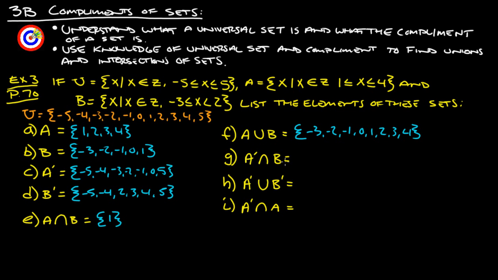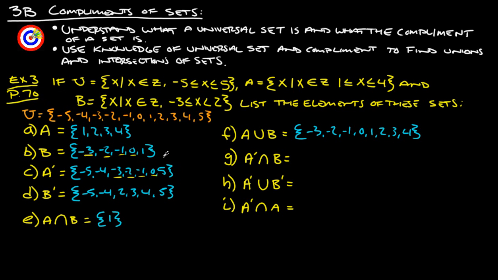Now, everything that's in the intersection of A prime and B. So what do A prime and B have in common? Here's A prime and here's B. Let's see if we can highlight this to make it a little easier. They both have -3, they both have -2, they both have -1, and they both have 0.